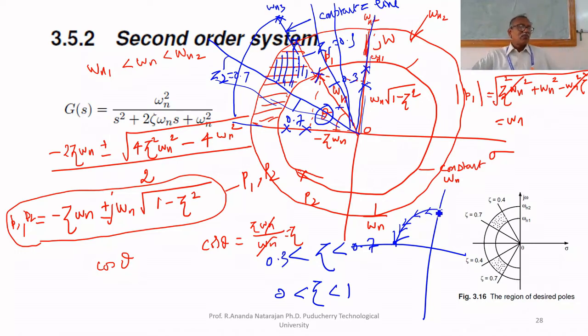But no oscillation means all poles must be on the negative real axis. If one pole is not on the real axis, there will be oscillation because of that pole.